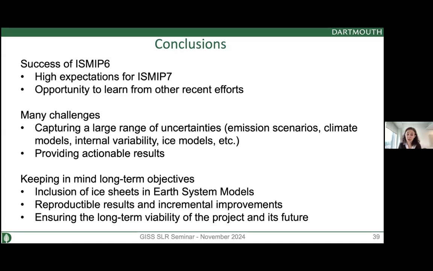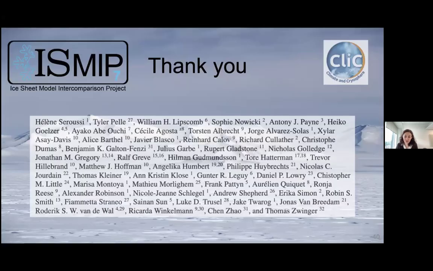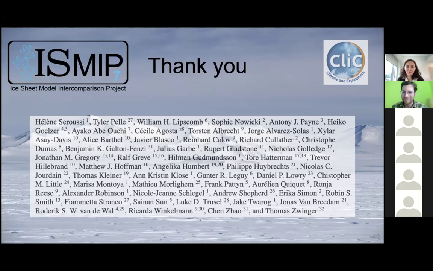And we have many challenges that remain: how to continue improving these models and providing actionable results that are really useful for stakeholders. Also, something I did not talk about is coupling ice sheet models with Earth system models and ensuring the long-term viability of our projects and future results. So I'll stop here. Again, thanks for the invitation and thanks to all the people who participate in all these efforts.